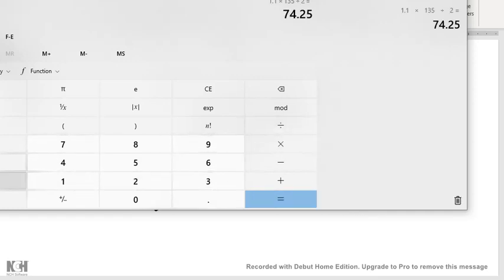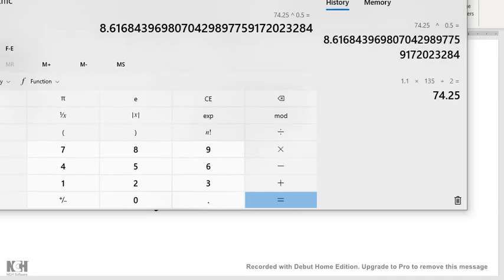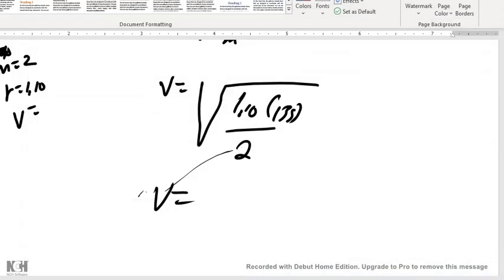And then we take the square root of the answer. I don't see a square root on this calculator, but I know if I raise it to the 0.5 power, that's a square root. 8.62. So this is 8.62. What are my units? Meters per second.